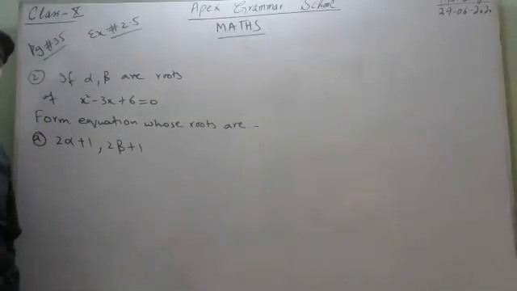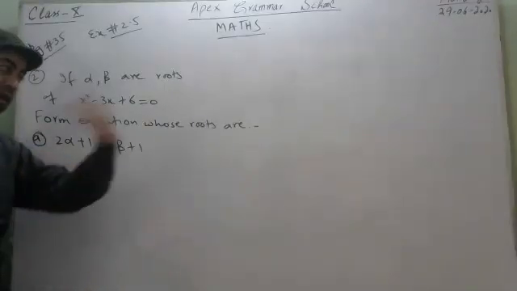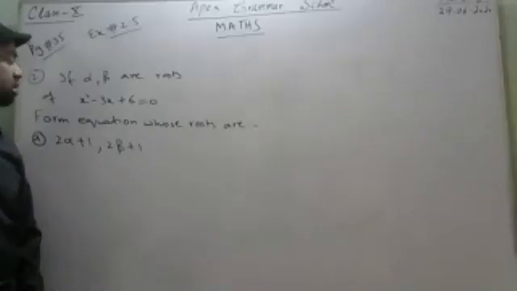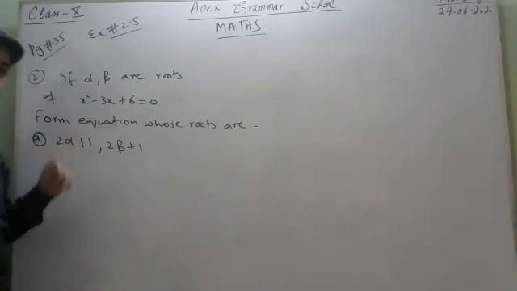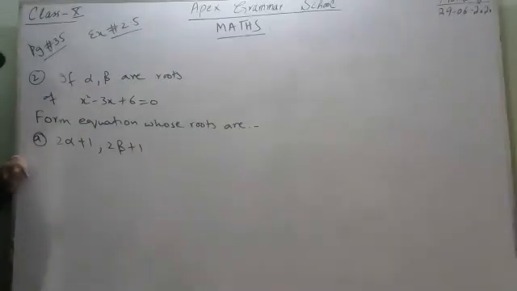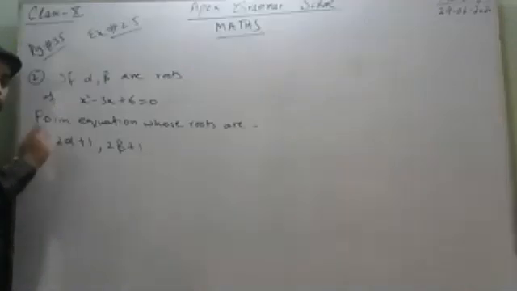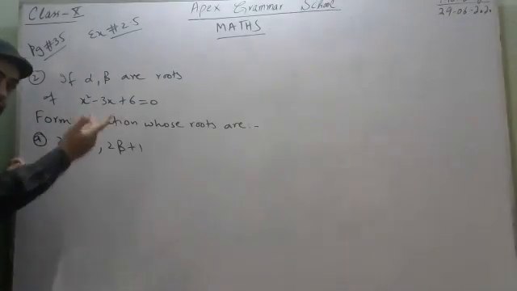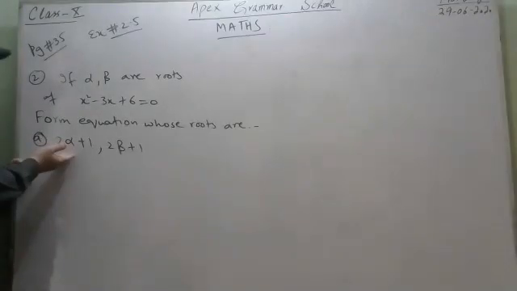He wants us to make another equation whose roots are these changed roots. For example, he thinks that alpha is going to be multiplied by this 2, like 2 times that root, plus 1. Now this root is not like this alpha.